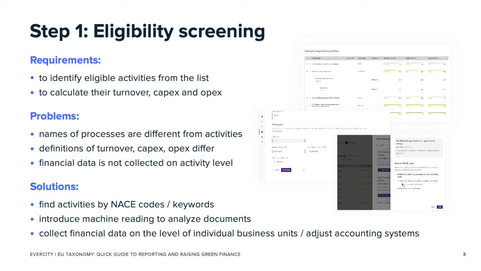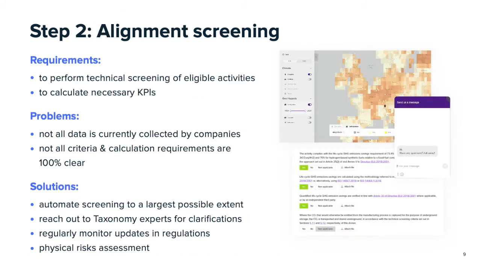But this is just the first part. The companies had to do it in 2022. Now they need to move to alignment screening. To screen on alignment means to answer all the technical screening criteria for each activity and to calculate the necessary KPIs. Here, it gets more challenging because currently not all the data that is needed for taxonomy screening is actually collected by companies.